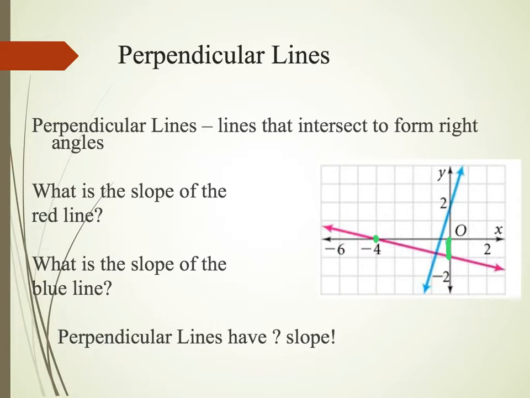So I'll go up 1. Now I have to go over to the left. 1, 2, 3, 4. And since my line is going down like that, that means negative. So negative 1 over 4.